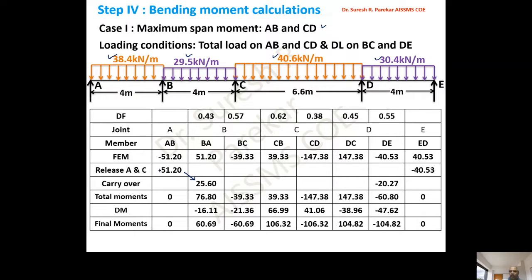This is 40.53, so it goes minus 40.53. We will have this minus value, and then we have distributed at B. We are going to add these two, take opposite moment, and then multiply this moment by 0.43, 0.57. So these values we know, which will give me final moments: 60.69 at support B, 106.32 at support C, and 104.82 at support D.